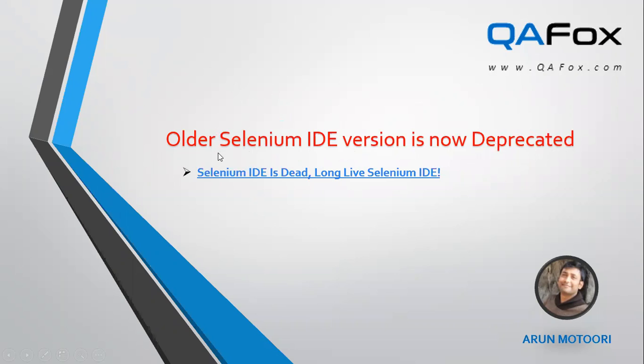In place of the older version of Selenium IDE, we got the latest version of Selenium IDE available, which looks almost the same. When you compare the older version with the latest version, it almost looks the same, but the UI of the latest version is very good, and it also has its own benefits. Fine. So how can I say that the older Selenium IDE version is now deprecated?